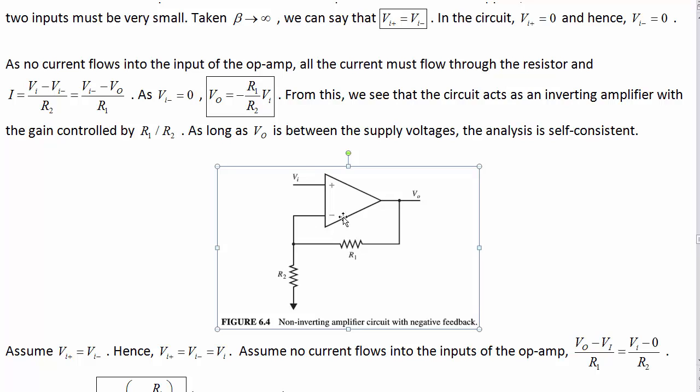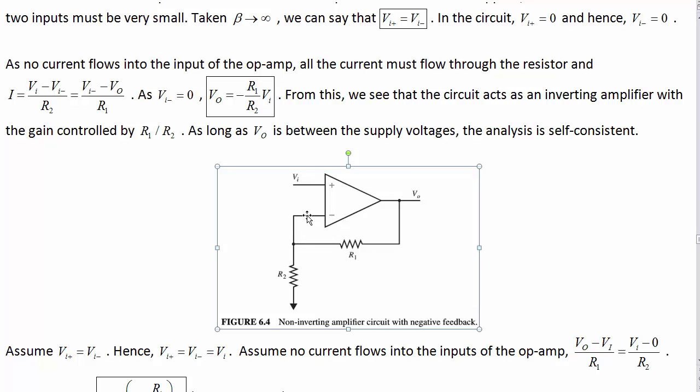If this was bigger than VI, then the output goes to negative infinity and pulls this back down. So either way, we are stuck with the negative feedback stopping us from having any difference in the input voltages, thanks to that infinite gain of the op-amp.